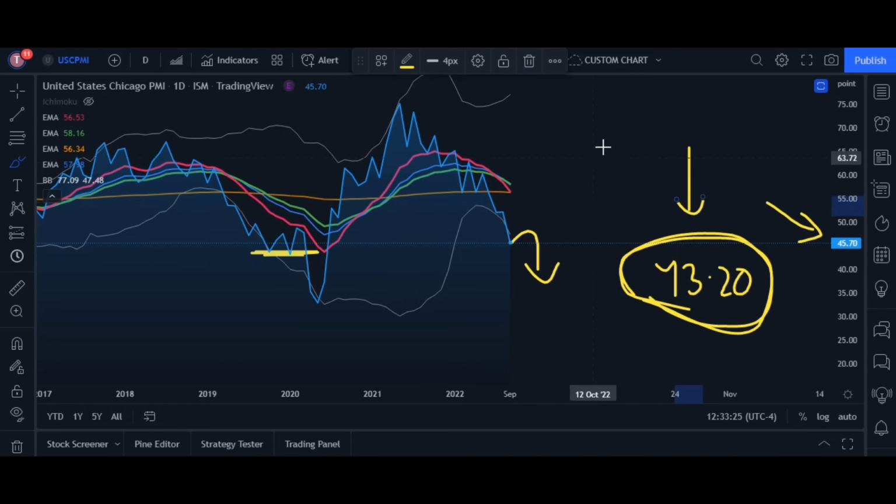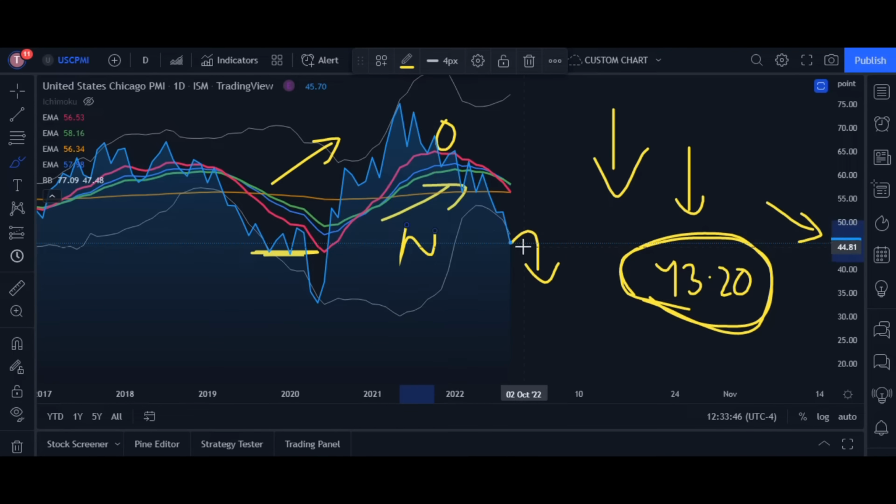This means that in the month of October also, the heavy bearish sentiments will be there. Now these bearish sentiments will be countered by the fact that the Feds are not going to raise the interest rates in the month of October, because the Feds will raise the interest rates in the month of November.